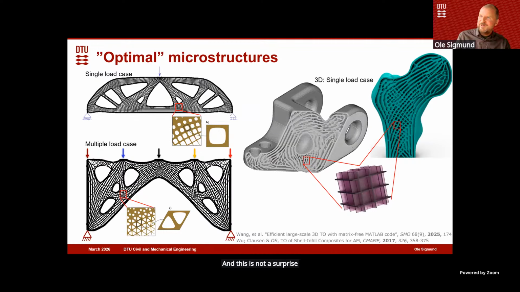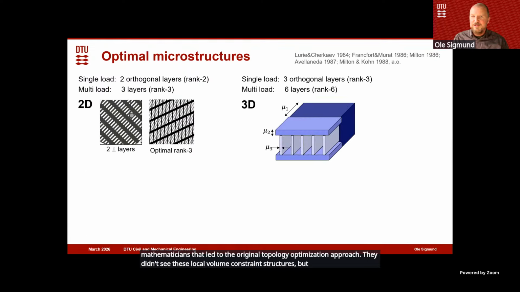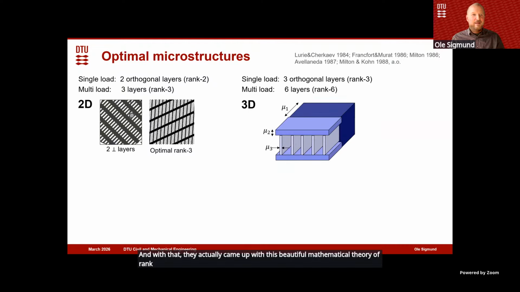This is actually the insight by applied mathematicians that led to the original topology optimization approach. So they didn't see these local volume constraint structures, but they looked at optimal microstructures and compared them to theoretical bounds. And with that, they came up with this beautiful mathematical theory of rank-n laminates.